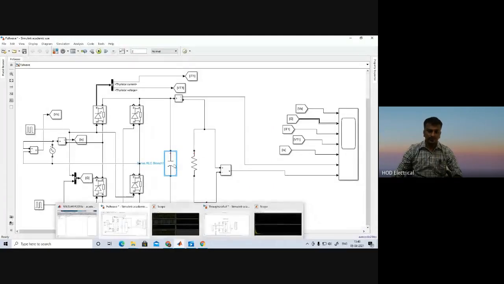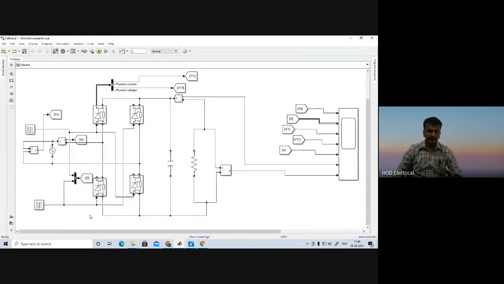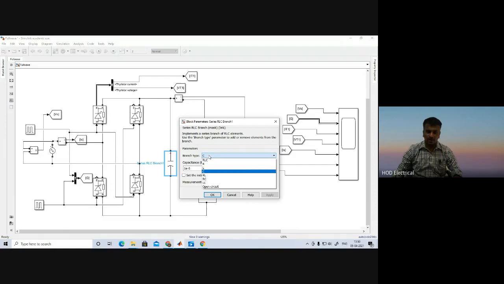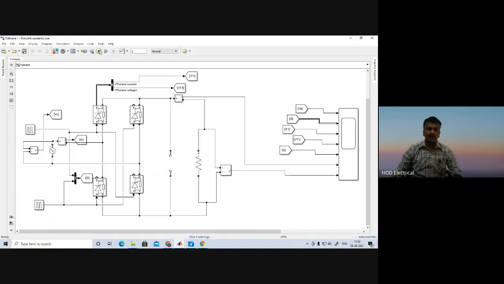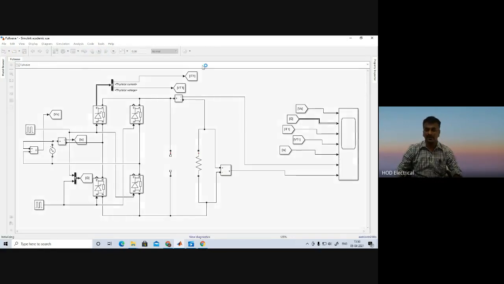This is what we have already done, the single phase full converter. I have connected only a resistive load. Assume that I have not connected any capacitor, so it is open circuit, and I am going to run the waveforms for 0.08 seconds, that means 4 cycles.